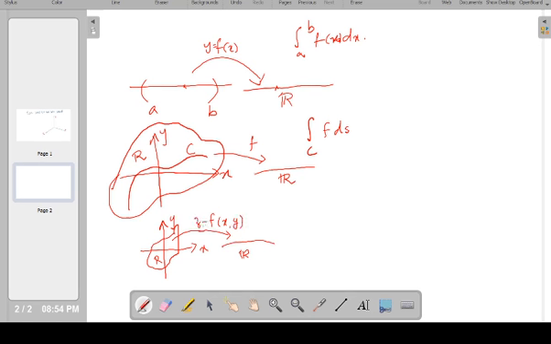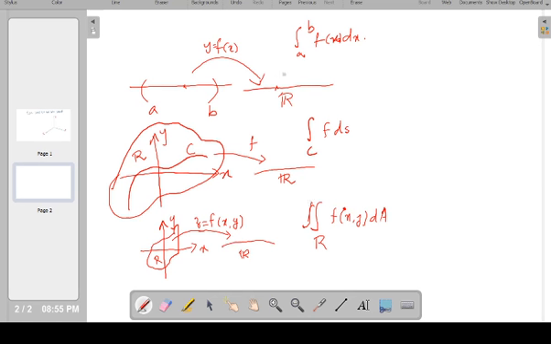Z is equal to f of x comma y. And then you know what is the meaning of the integral over this region R of f of x comma y dA, the double integral over R. Okay, all these things you know.